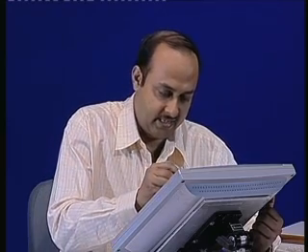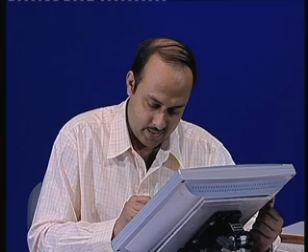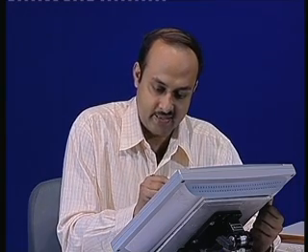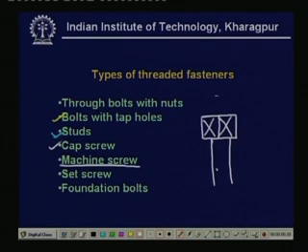which are very much like the cap screw, but have an important difference in the threaded part. The head may sometimes look like this, square headed, and here this is the threaded part, and then this end here has various profiles, with various angles.